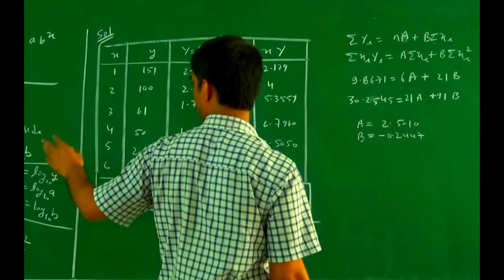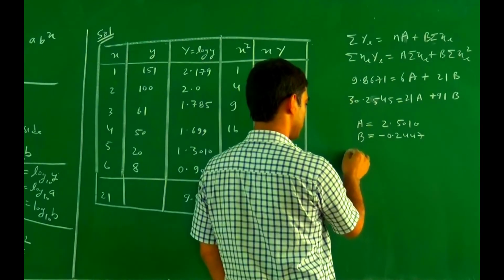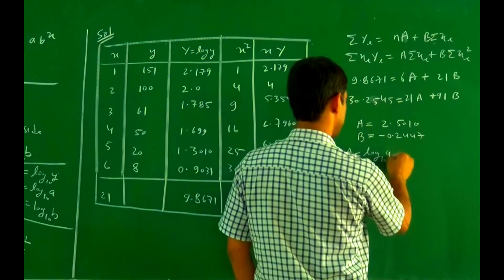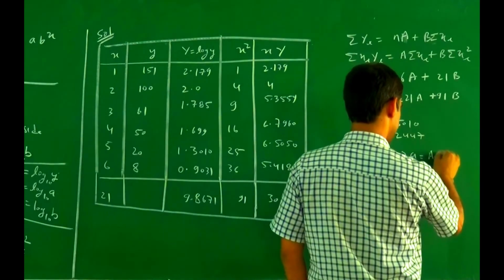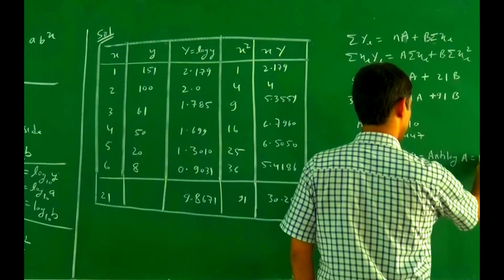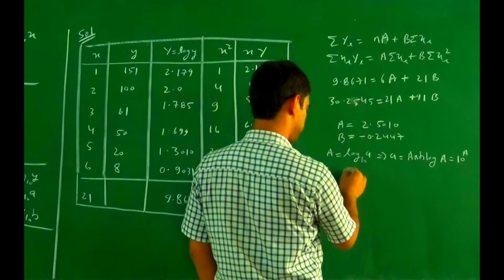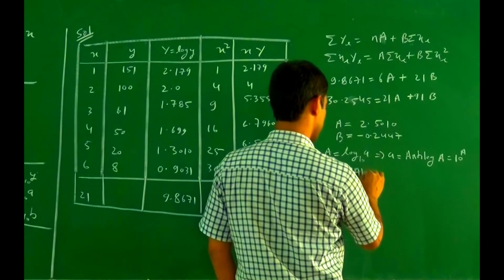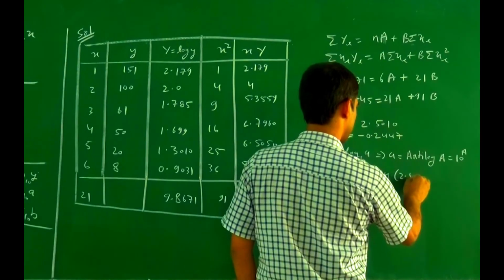So how do we find the values of small a and small b? Our aim is to find small a and small b, so we take the anti-log. Capital A equals log base 10 of a, so a equals the anti-log of capital A, which is 10 to the power A. Now a becomes the anti-log of 2.5010.